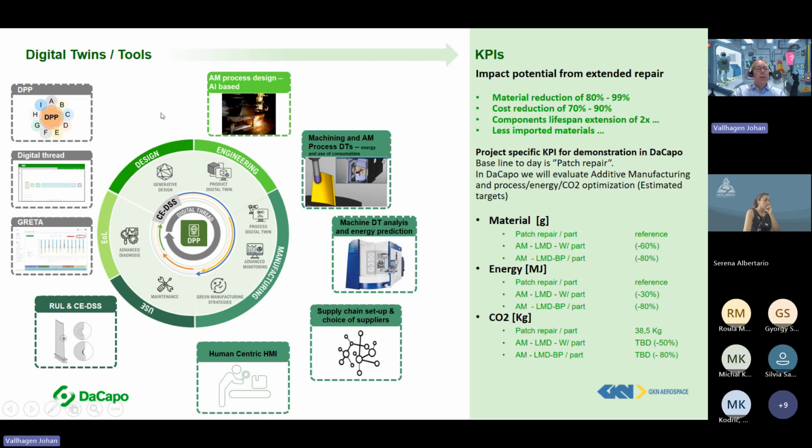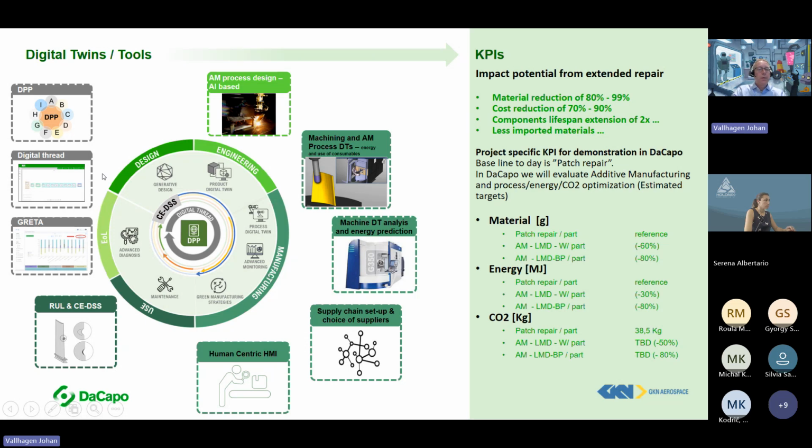And then we have additional tools in the scope to support. One of the things is the digital product passport that we see will come sooner or later also to our business, and it could provide a lot of relevant information on the aftermarket to plan and make better data-based solutions to perform the repairs.